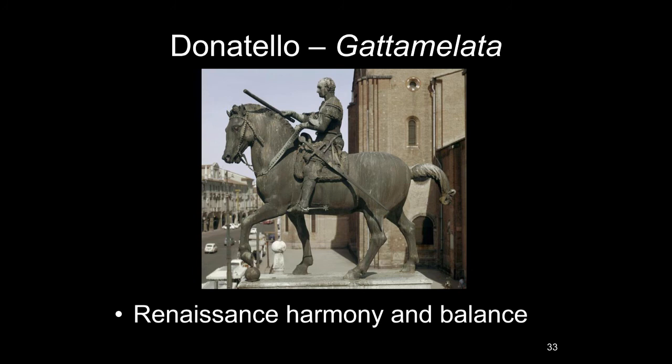Now, I want you to look at the side view of this statue, because the side view, in a sense, epitomizes Renaissance harmony and balance. If we think about the horse's body as a large horizontal band, that's balanced by the vertical of the man seated on the back.